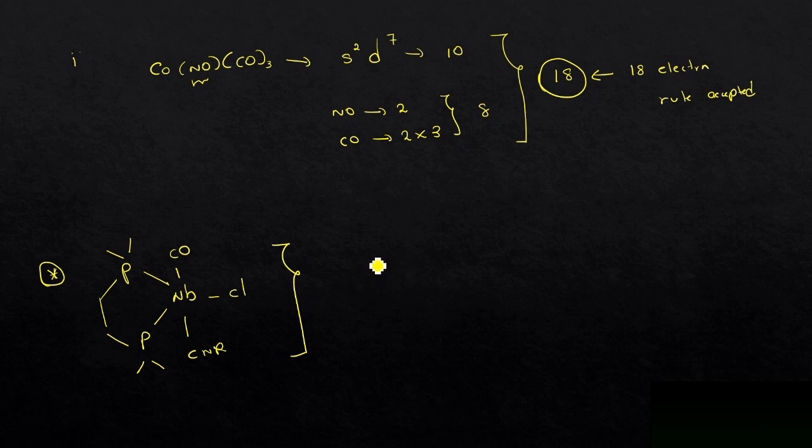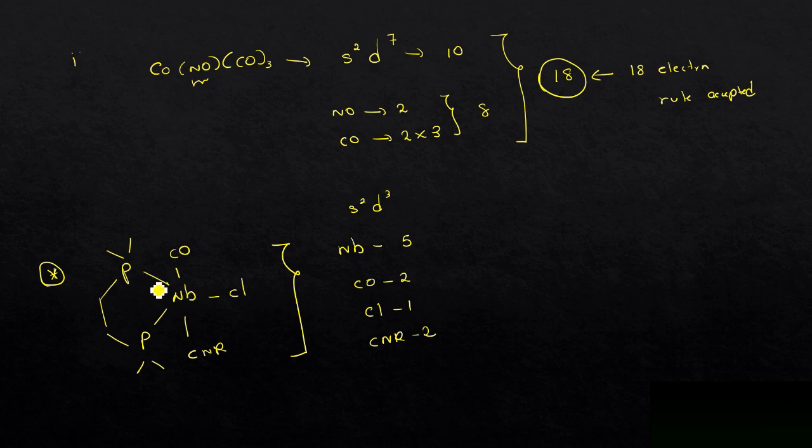In this case, let's say our metal center contains 5 electrons, which has S2 and D3, and then the number of electrons from the ligands. Here carbon monoxide will give you 2 electrons, chlorine will give you 1 electron, and CNR, which is carbon, gives 2 electrons.